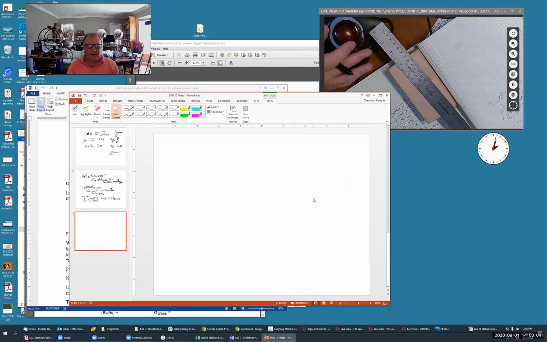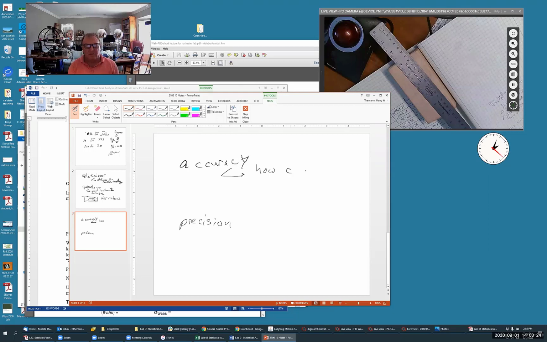Accuracy and precision. So these are words that people use a lot, and we need to learn how to be careful when we use these words. So accuracy means how close to the real value.